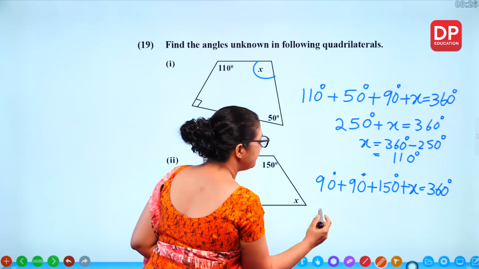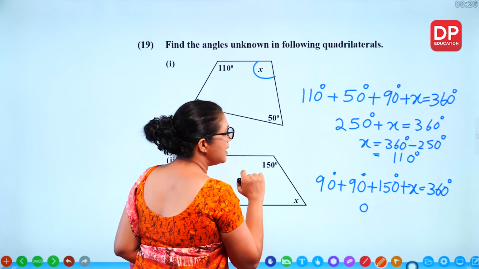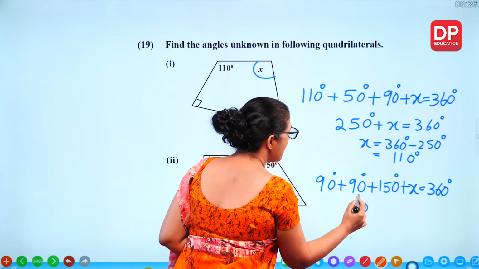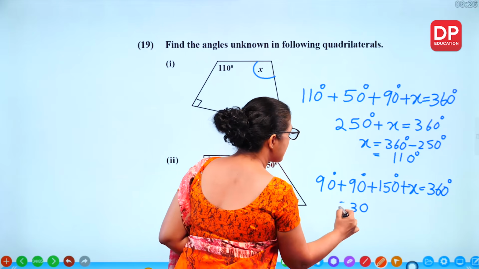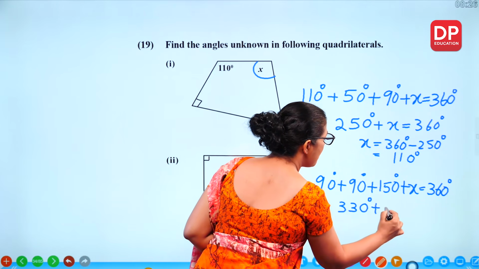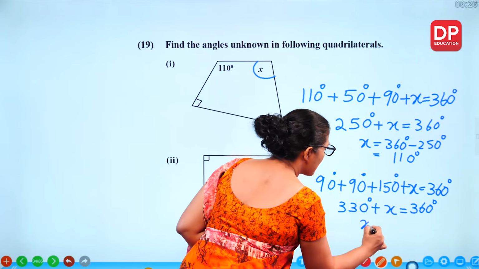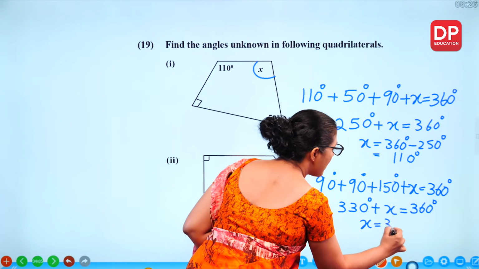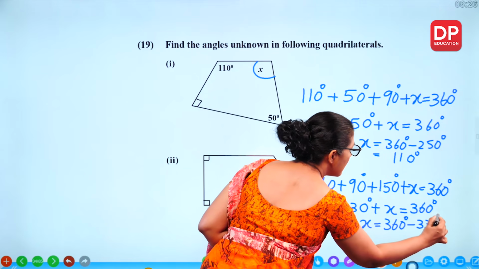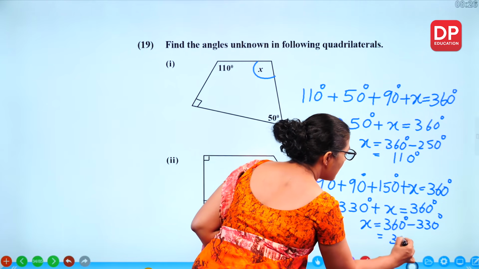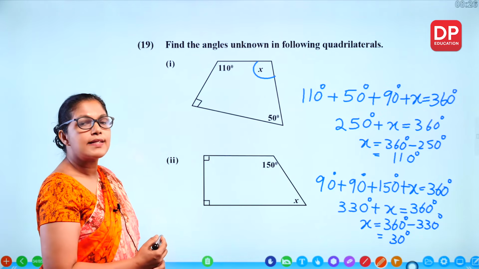Now add these three: 90 and 90 is 180, plus 150 is 330. So 330 plus x equals 360. x equals, subtract 330 from 360, you get 30 degrees. So this angle is 30 degrees.